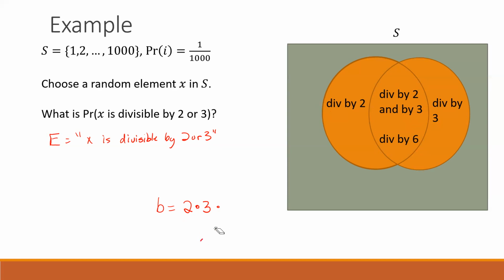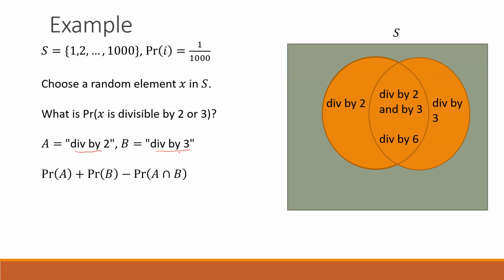So now I have definitions of 3 different events. So I have event A is divisible by 2, event B is divisible by 3, and then I have event A intersect B is divisible by 6, right, which is this one.